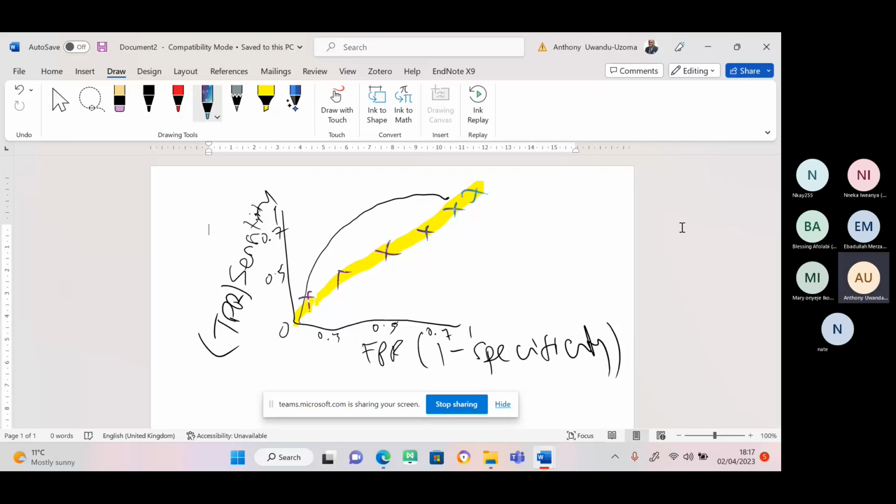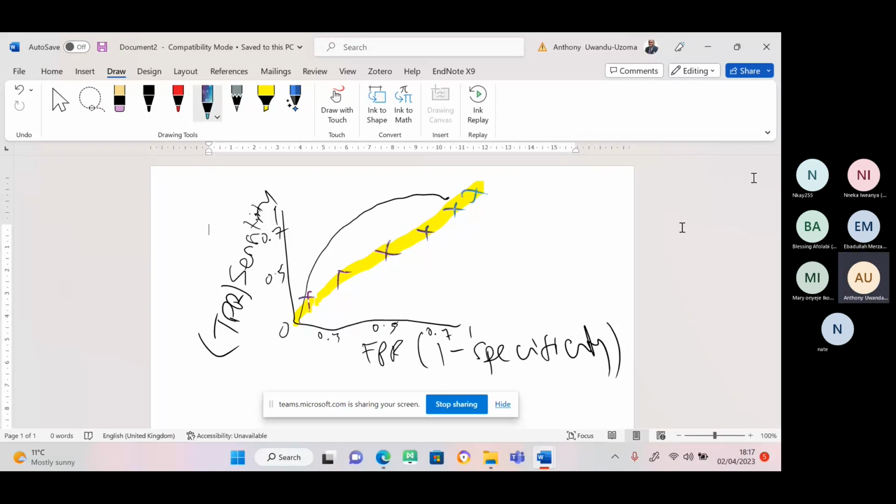So if you plot different sensitivities against 1 minus specificity, any value that falls on this line, which is the average, tells you that the test results cannot differentiate well between those that have the disease and those that don't have the disease.